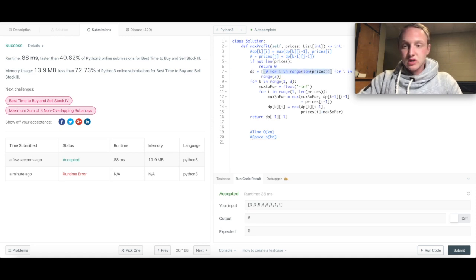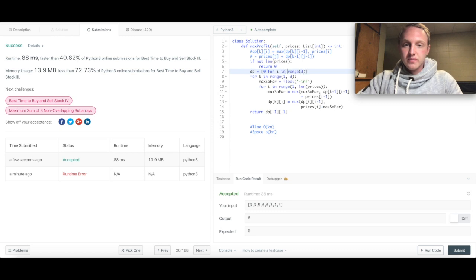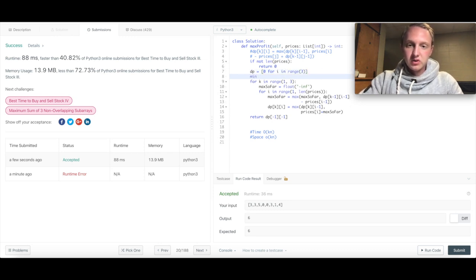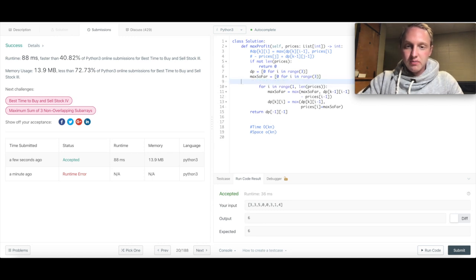We would store zeros here, and we would also have a max so far array, which would also store 0 for i in range 3. We would switch our loops a little bit, for k in range 1, 2, 3.